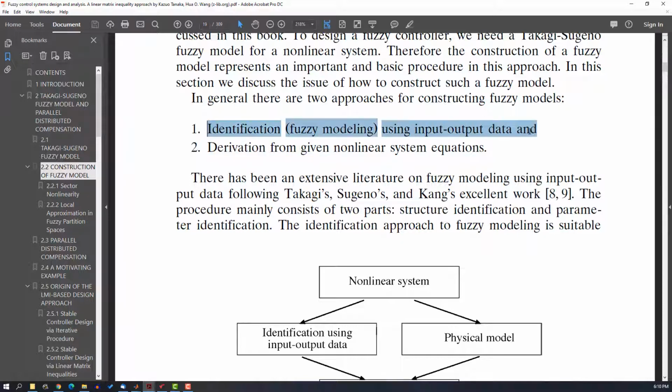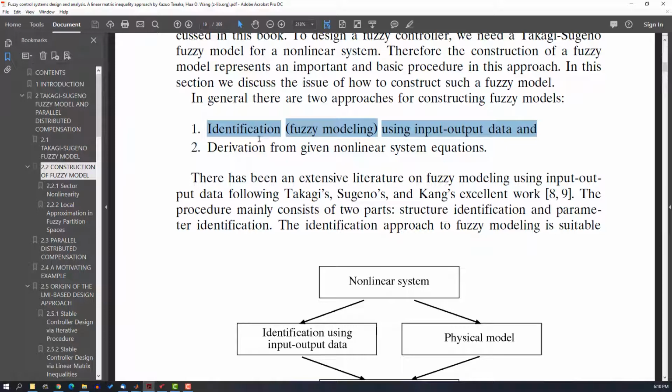For the first one, they call it fuzzy identification. It's somehow like artificial intelligence, not exactly, but somehow like that. They use a black box without a model.